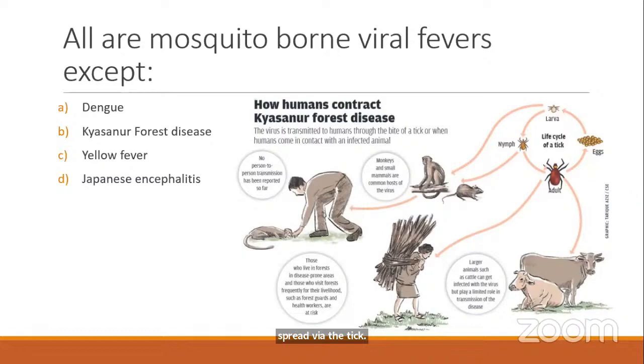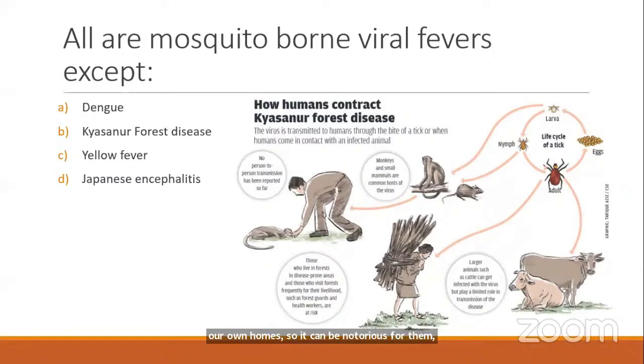Ticks are usually found more in the forest region or in scrub or bushy vegetation-like areas, so it's usually seen in forest areas. Nowadays it is a disease which is appearing more in urban setups because of excessive deforestation. We are actually going into their environment and building our own homes, so it can be notorious for them.